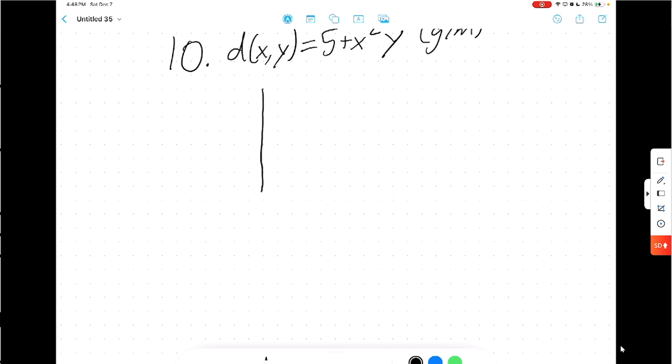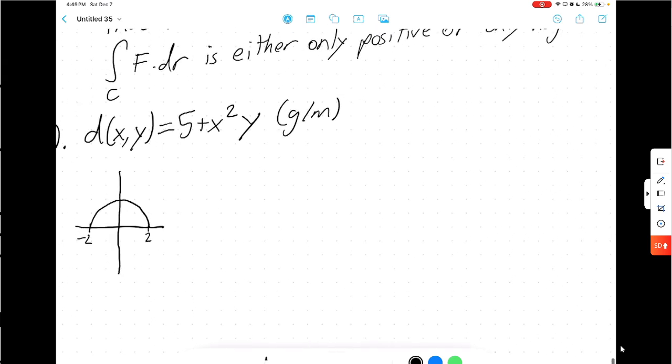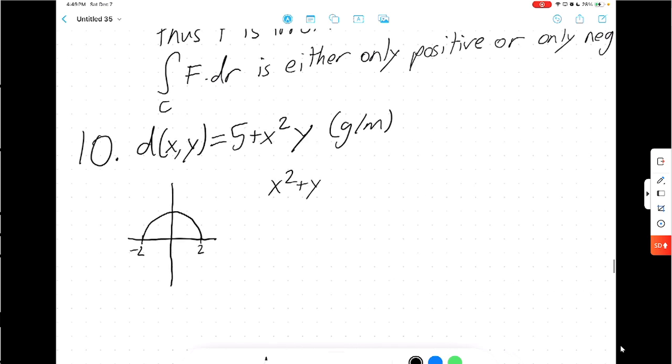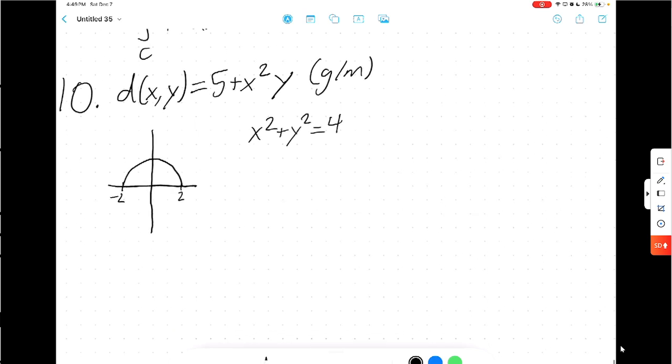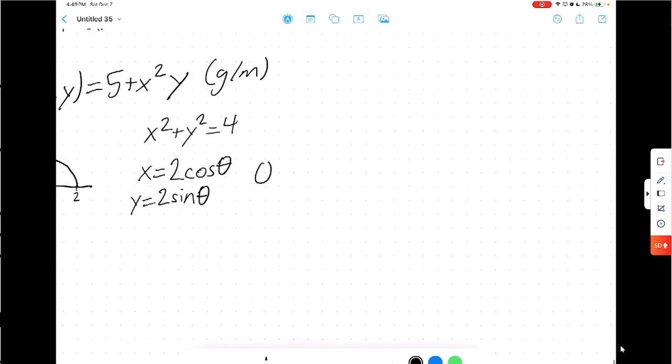So this is radius 2, and this is the upper half of this. The easiest way to do this is to parameterize this equation. So I'm going to say x is equal to 2 cosine theta and y is equal to 2 sine theta, because that's how we parameterize circles. Because we're only dealing with a half circle, I'm only going to deal with between 0 and pi.